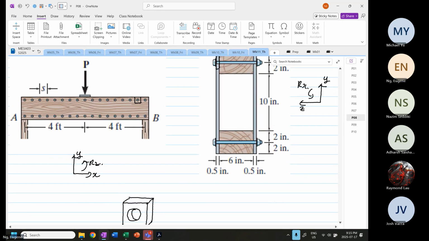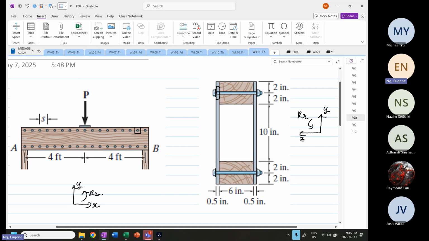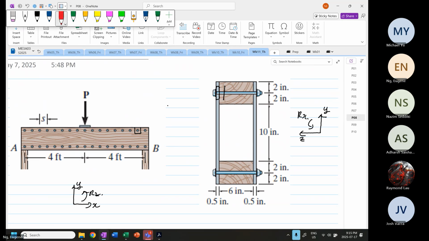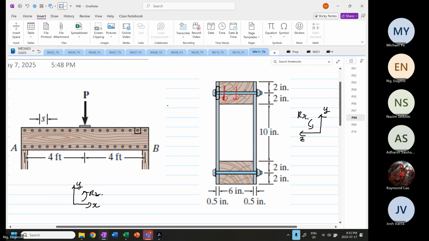So we know that the shear flow, or the Q, will come down this way, right? After it comes this way, then it will transmit. That's our transmission direction.